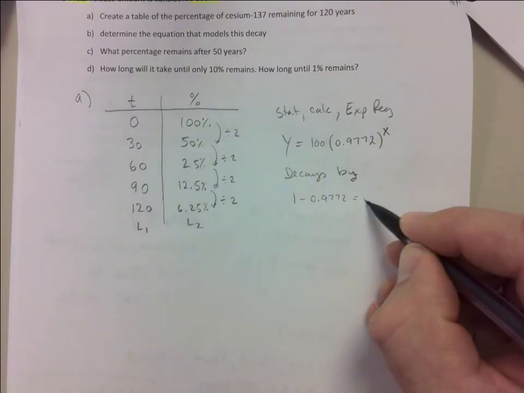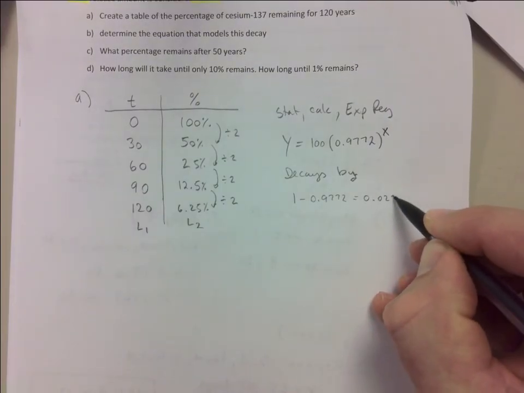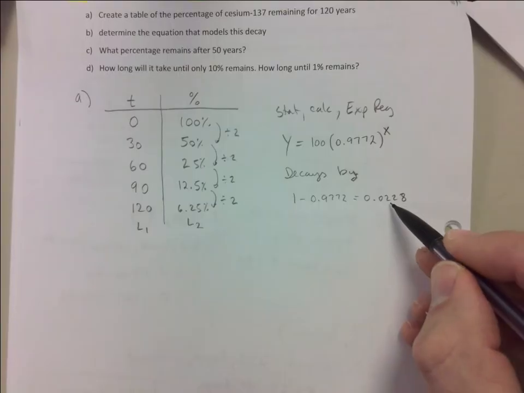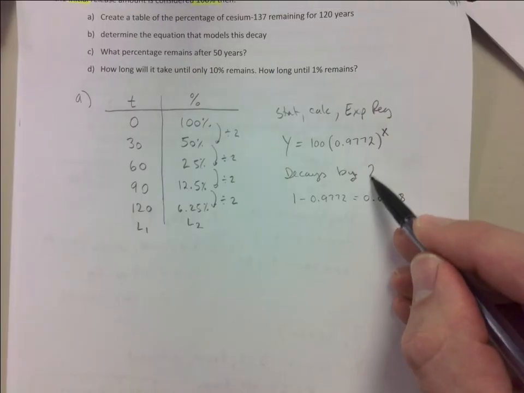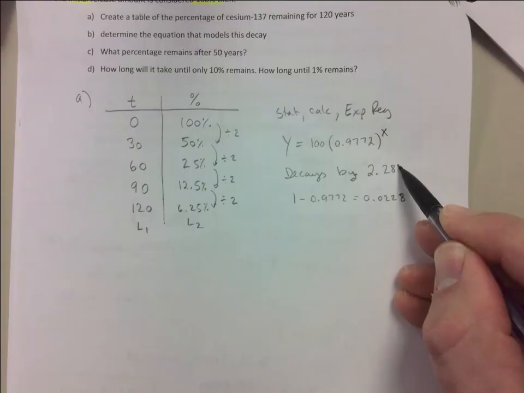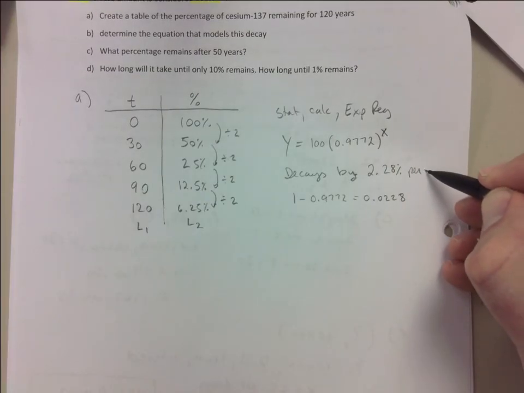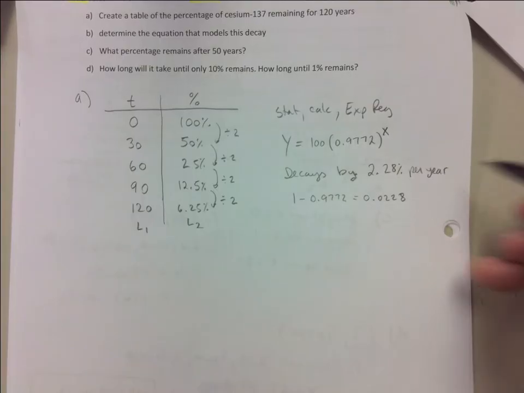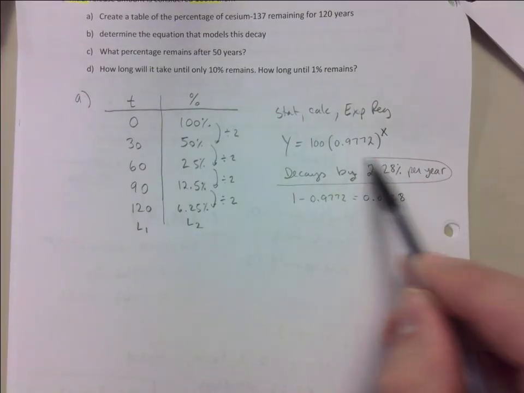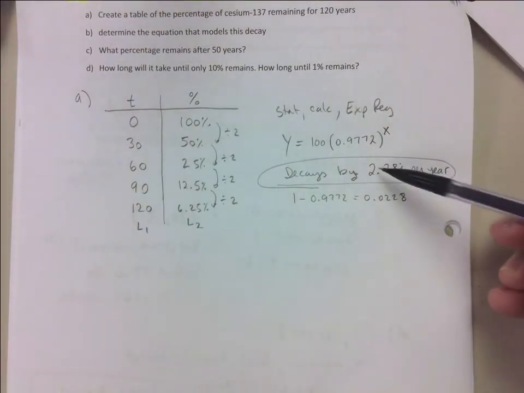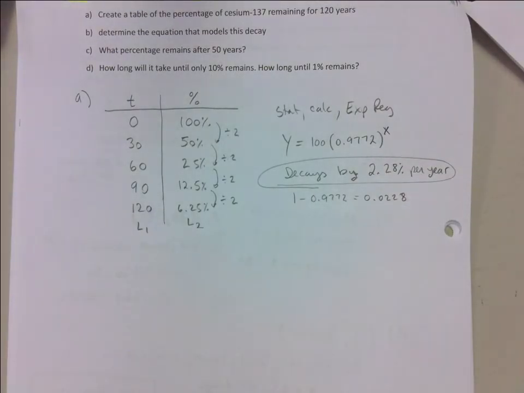That is 0.0228. If you multiply that by 100, it's 2.28% per year. So if you ever want to know the per year amount, you get it from your equation.